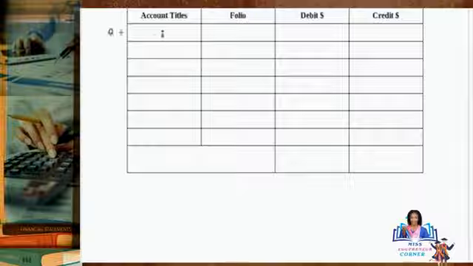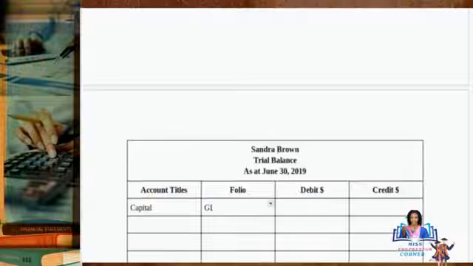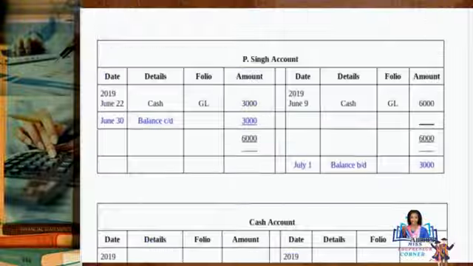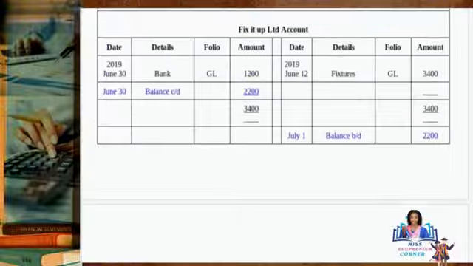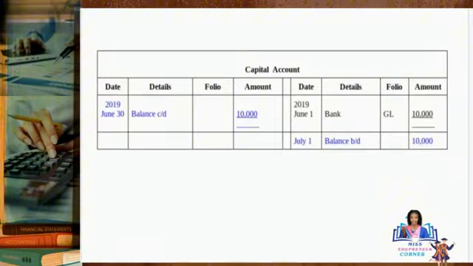Alright, so the first title that we're going to write is the capital. Where can the capital account be found? It can be found in the general ledger, so write GL for short in the folio section. What type of balance does the capital account carry? It carries a credit balance. Where are we going to get this balance from? We go to the capital ledger account, and we take up the balance BD.